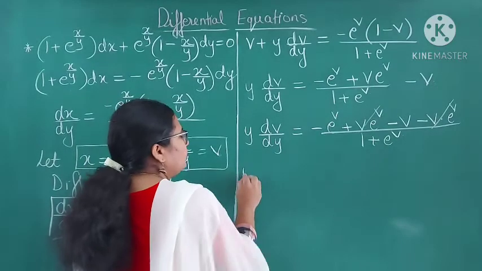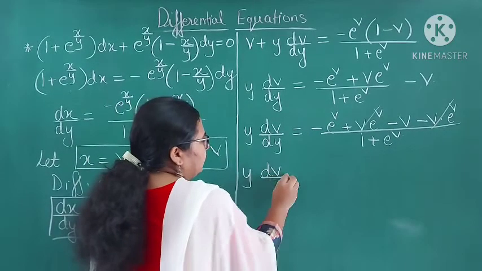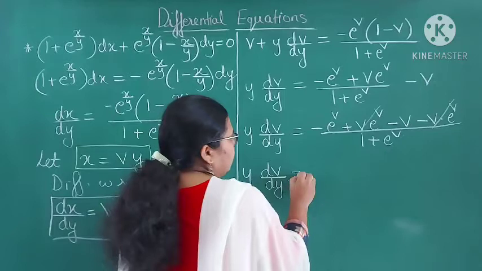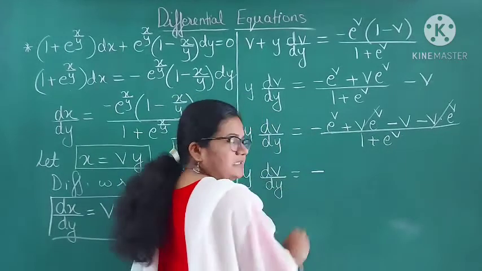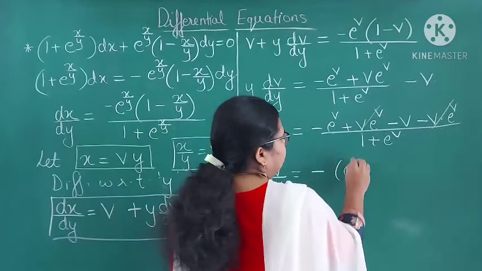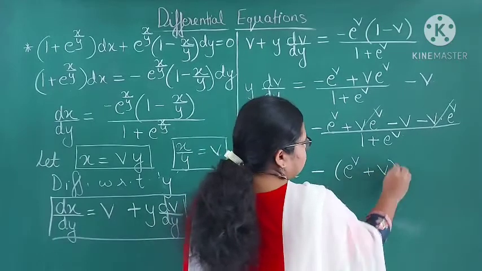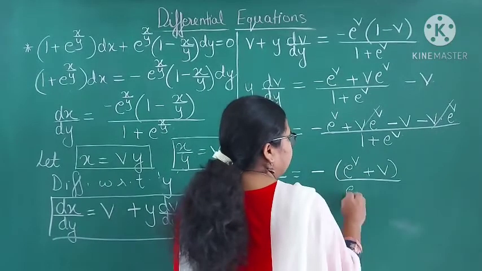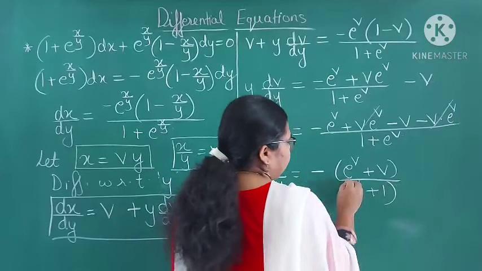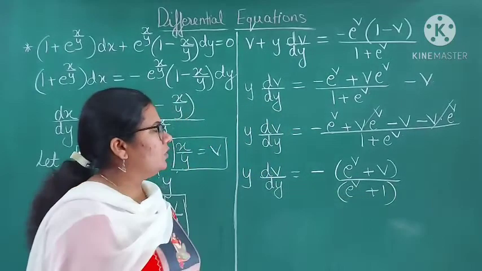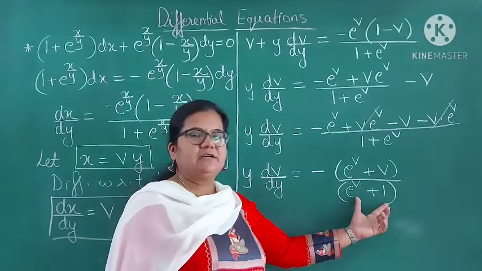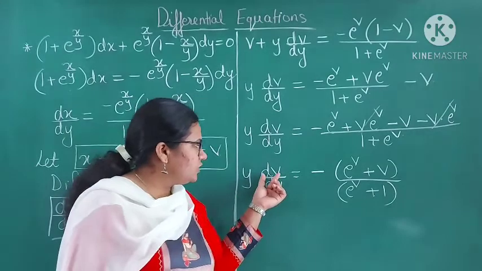Okay. So you have y dv upon dy. Now from these two terms I am going to take the minus sign common out. I will get e raised to v plus v, and this term I can write as e raised to v plus 1. Okay. So these are the remaining terms here. You can see the differential dv is on this side.